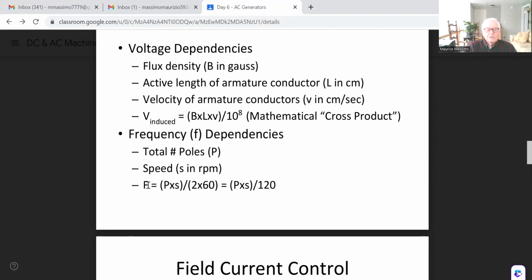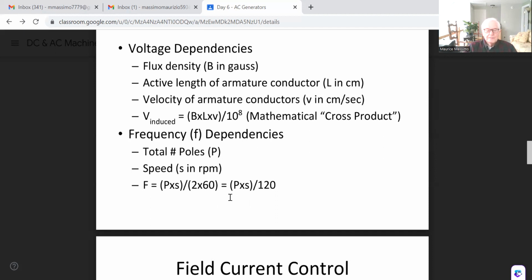So the frequency is the number of poles times the speed in RPMs, for example 2 times 60, divided by 120 to get from revolutions per minute back into seconds.